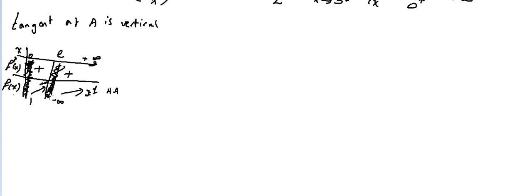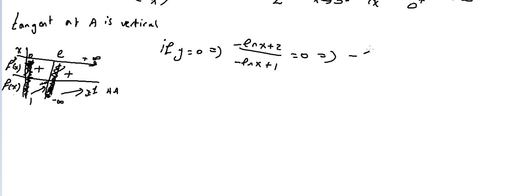Let me see if we can find particular points. A particular point is where y equals 0. This means minus ln x plus 2 over minus ln x plus 1 is equal to 0. This means that minus ln x plus 2, which is the numerator, equals 0, so ln x is equal to 2.